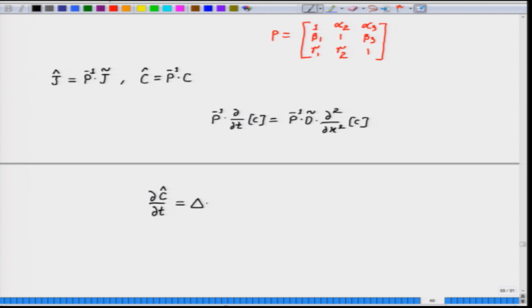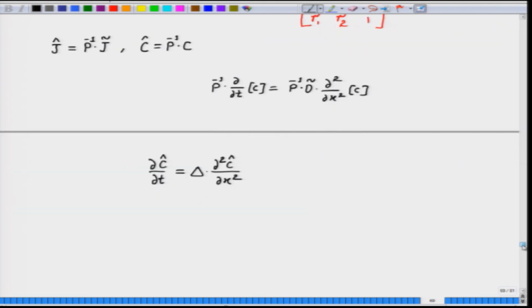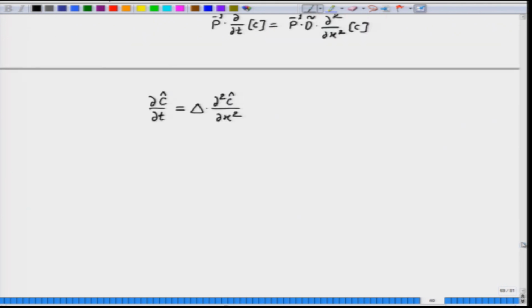So, P inverse remains, we can take this inside, and P inverse times C is again the matrix of concentration in cap basis, C cap. So, we can write this as ∂²C cap/∂x², right. So, we now by the transformation got the diffusion equation in a simpler form.